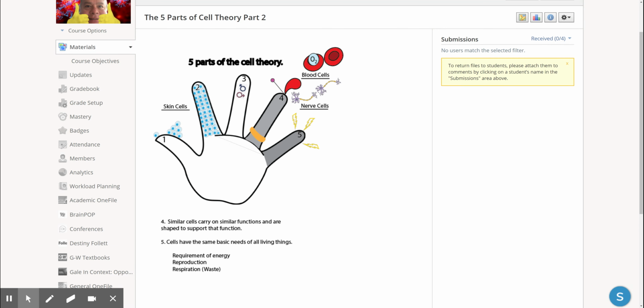Today we're going to talk about that similar function. Similar cells carry on similar functions. Remember, what is a function? If you thought job, you were correct. Similar cells carry on similar jobs or functions that are shaped to support that function.